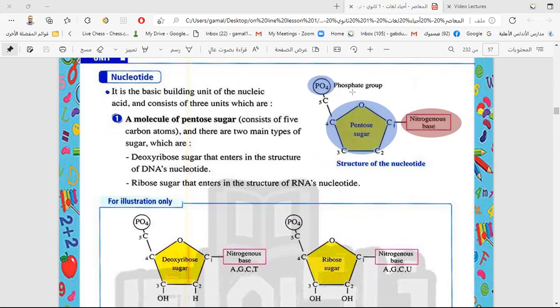The phosphate group bonds with the pentose sugar at carbon atom number 5 by a covalent bond here, and the nitrogenous base bonds with the pentose sugar by a covalent bond here at carbon atom number 1. So this is the structure of the nucleotide, the monomer of the DNA.